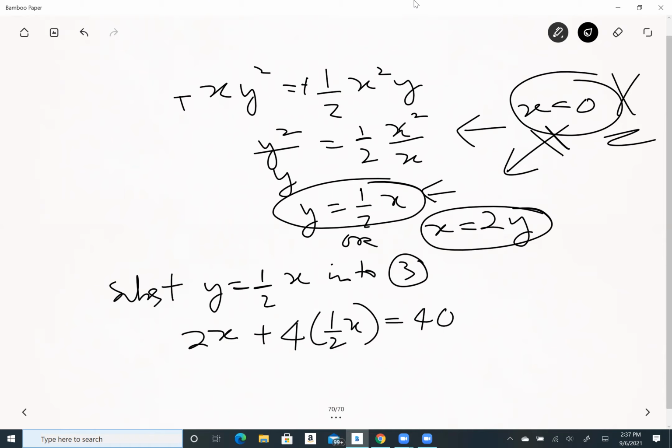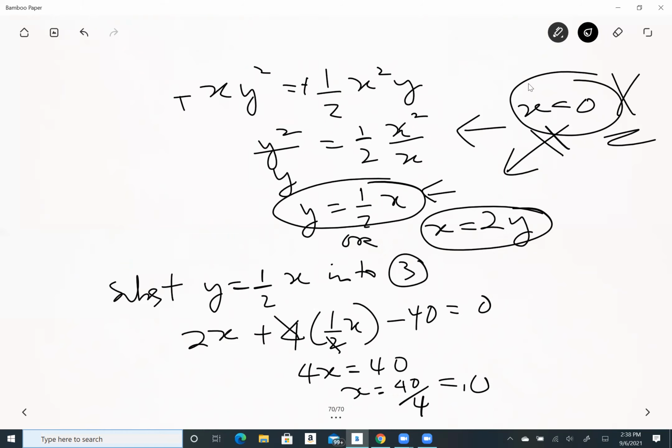Before you do that, minus 40 equals 0. So you cancel that out, you got 4x. I got 4x equal to 40. x equal to 40 over 4 equal 10. So x equal 10. And then you find y.